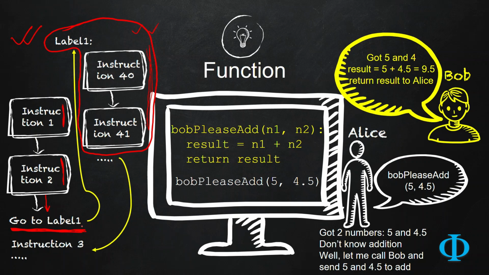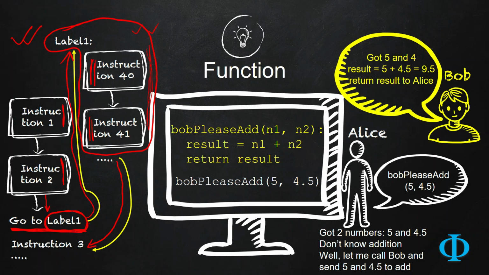Whenever you call it with the name specified, here just label 1, program control will directly move to that part of the code as shown by this arrow, and then it will execute all the lines of code required to perform that specific task. And after the task is performed, it comes back to the location from where it had been called.